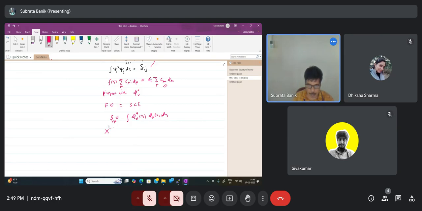We have taken any matrix, let's say X, and then if you do X dagger S X, we get that equal to 1. So we chose a matrix X such that this transformation is satisfied.